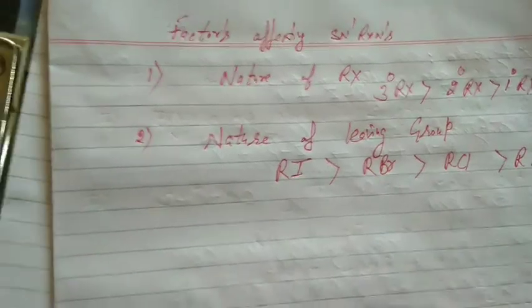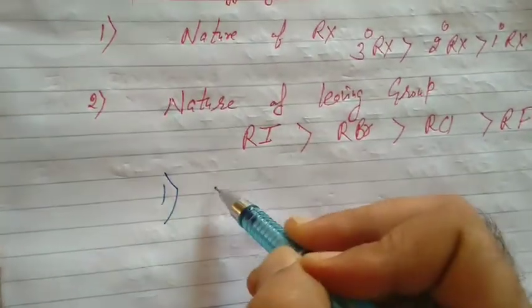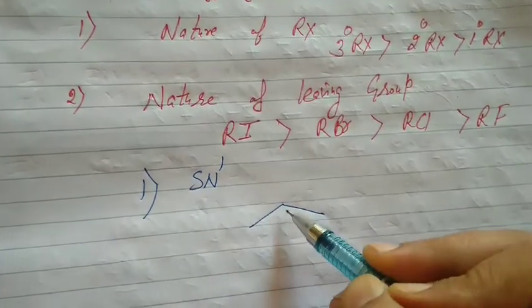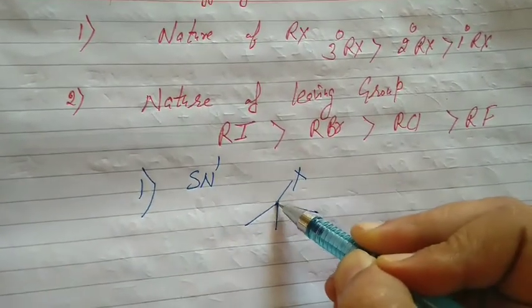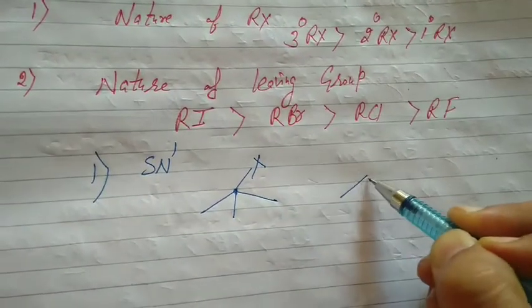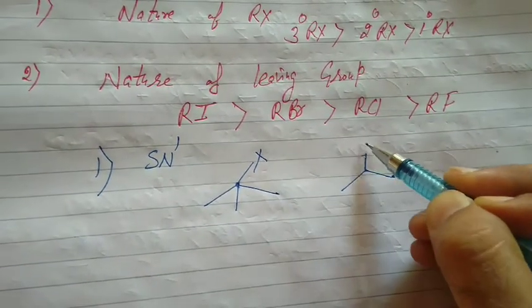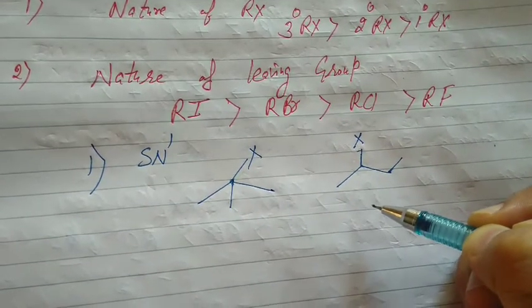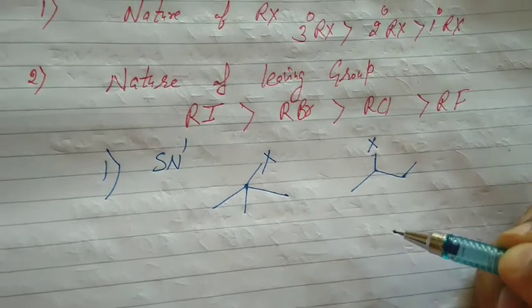Now again students, that's for your assignment. Which is more reactive for SN1? It is clear it is the 3 degree haloalkane. And in the second option, it is the secondary haloalkane.